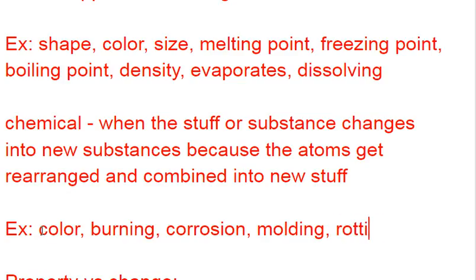Decomposition, so like roadkill, some chemical change going on there. Your body has all kinds of chemical changes going on, digestion and all that stuff. But those are some of the big ones. Rusting's another big one. Metals that get that orange look instead of the white look, we usually call that rusting. Whereas if it's kind of a whitish look, we call it corrosion. Okay, so those are chemical changes.